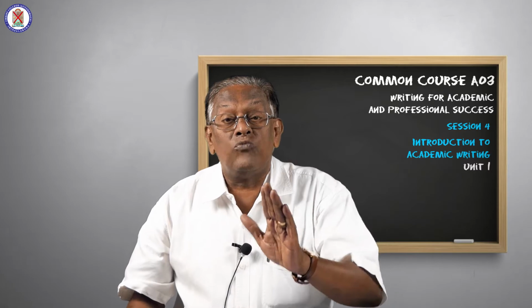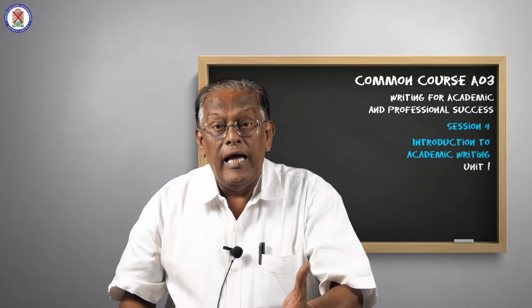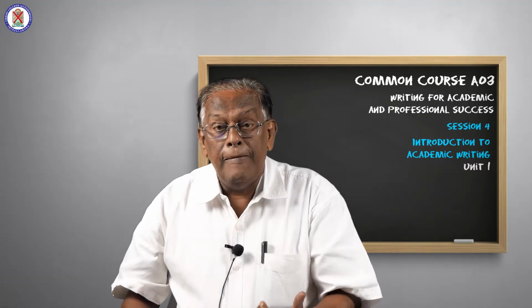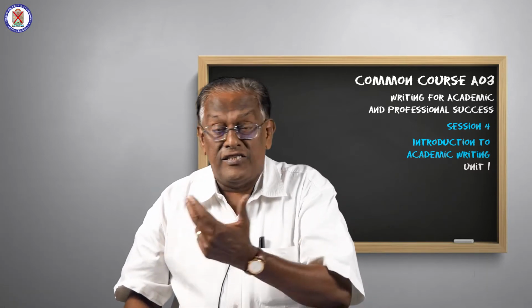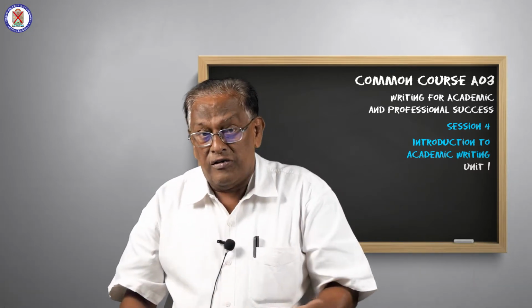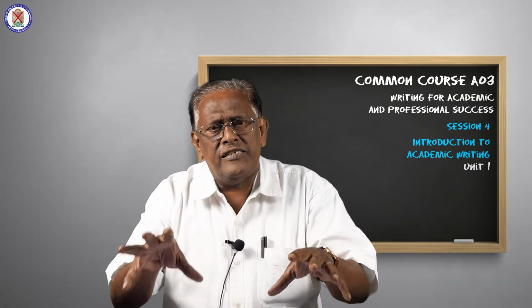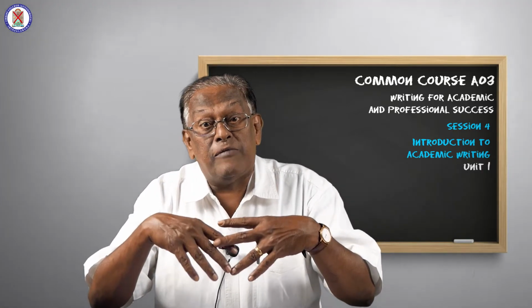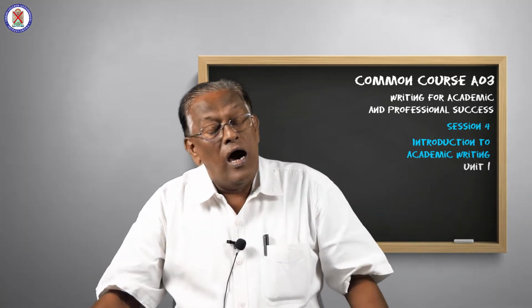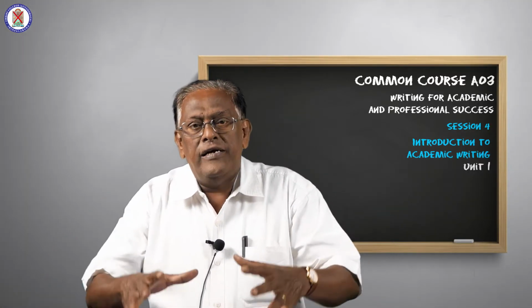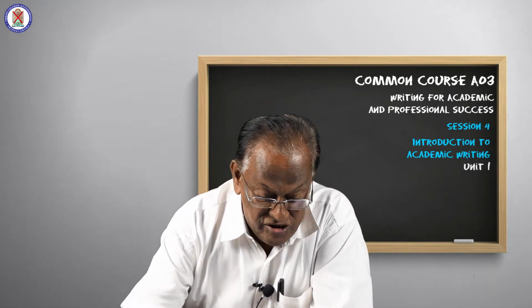An academician is one who pursues a program at a university. It is a student, it is a teacher, it is a research scholar. All these people and people who are indirectly connected with the academic programs in the university are all included in the category of academicians.